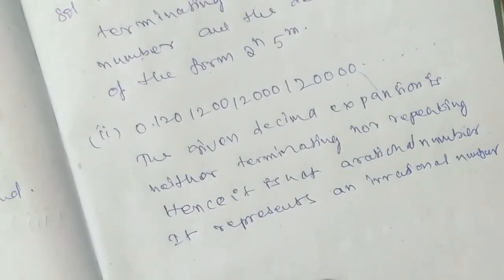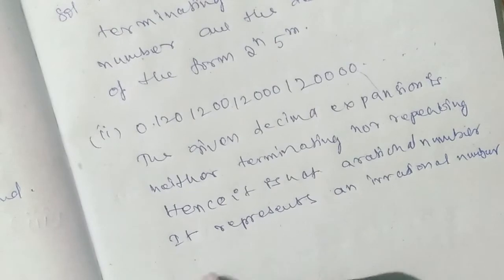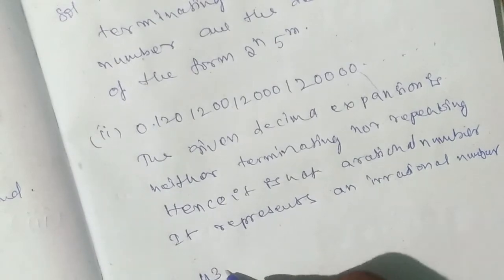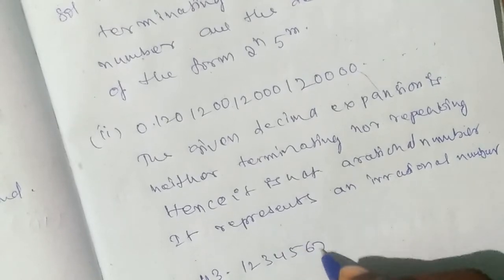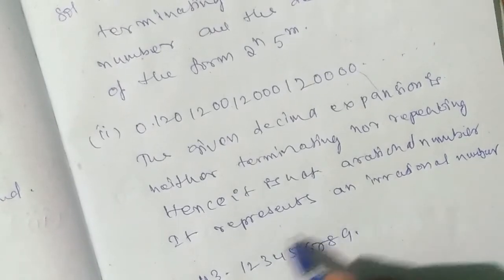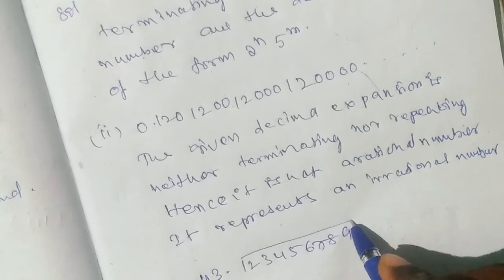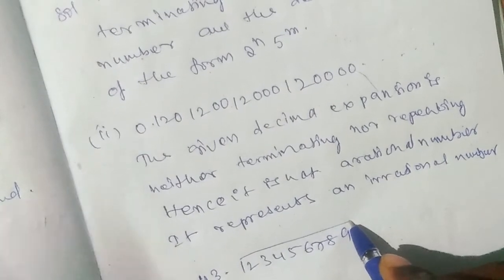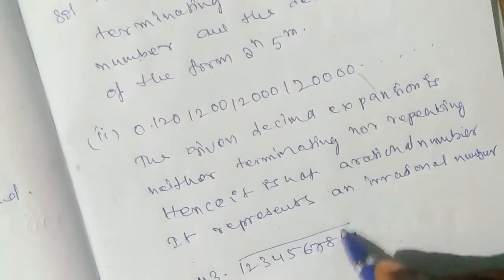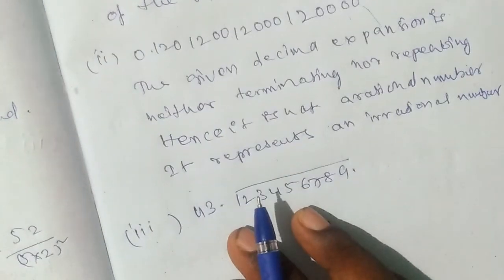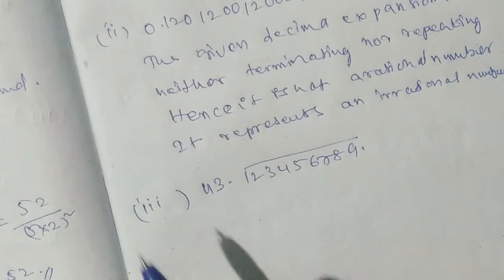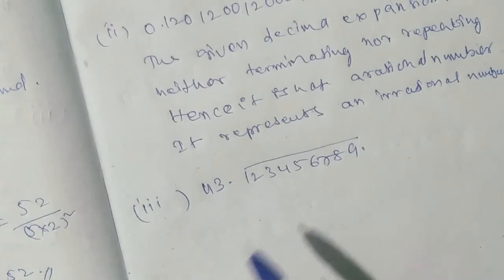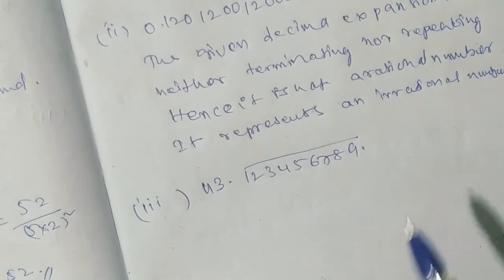Then third one. So what is the third one? 43.123456789. So we have a bar. So it is a repeating decimal. Already this type of problems in earlier class 8th and 9th we solved, and we already expressed in form of p by q.